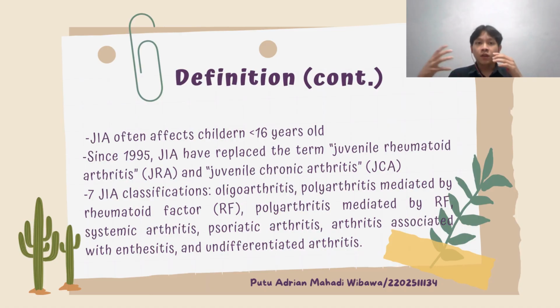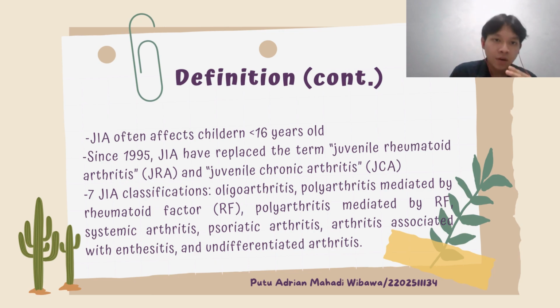Right, so let me continue explaining about juvenile idiopathic arthritis or JIA. JIA often affects children under 16 years old and lasts for at least 6 weeks. Since 1995, juvenile rheumatoid arthritis or JRA and juvenile chronic arthritis or JCA have been replaced by the term juvenile idiopathic arthritis or JIA.